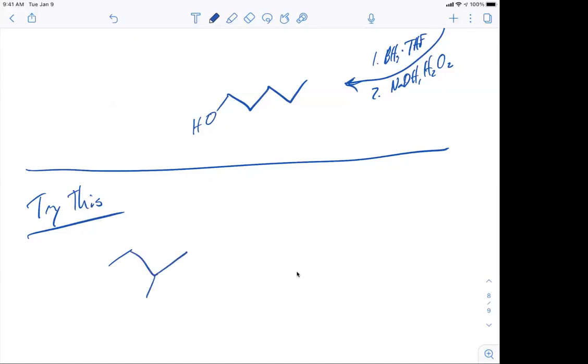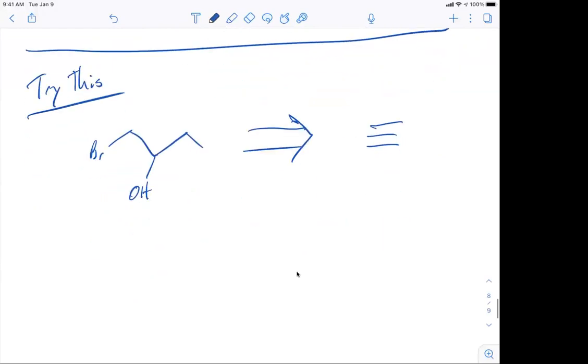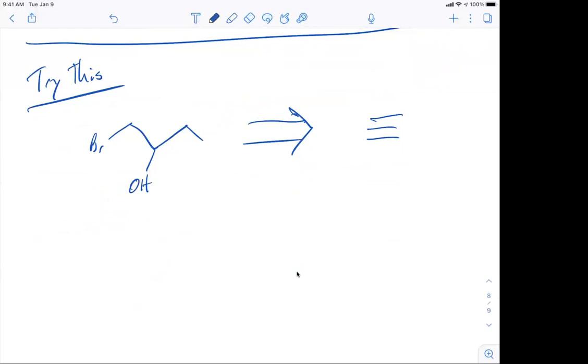Again, in retrosynthesis form. I don't know why I drew that line so long. Let's take a little bit of time to look at this one.